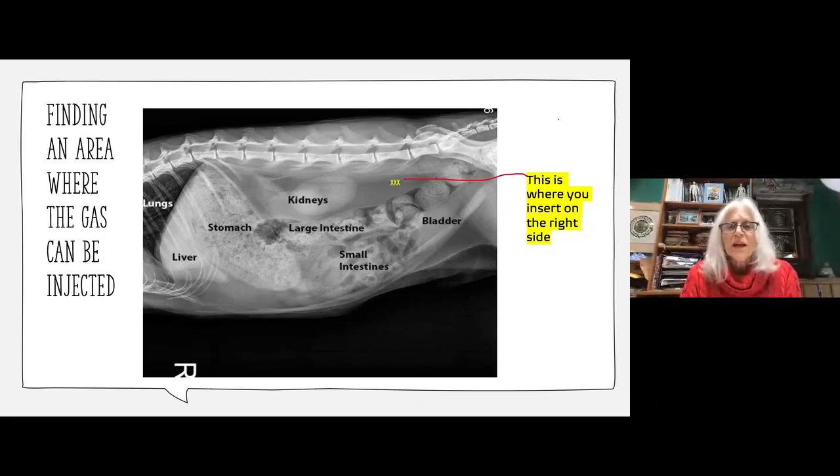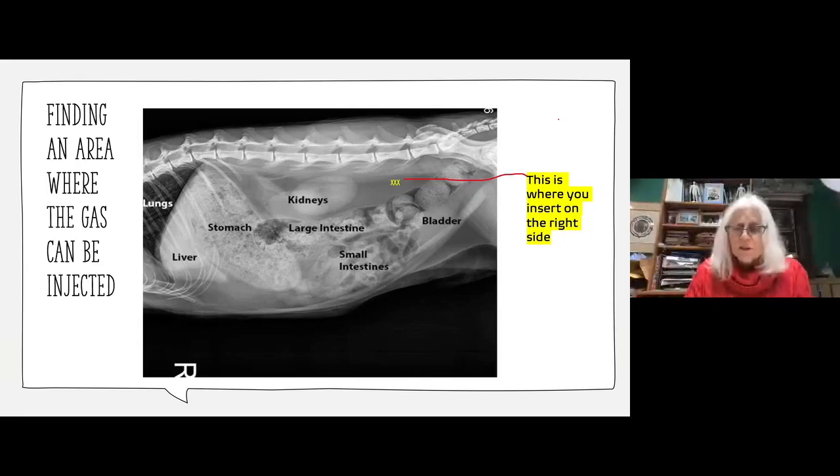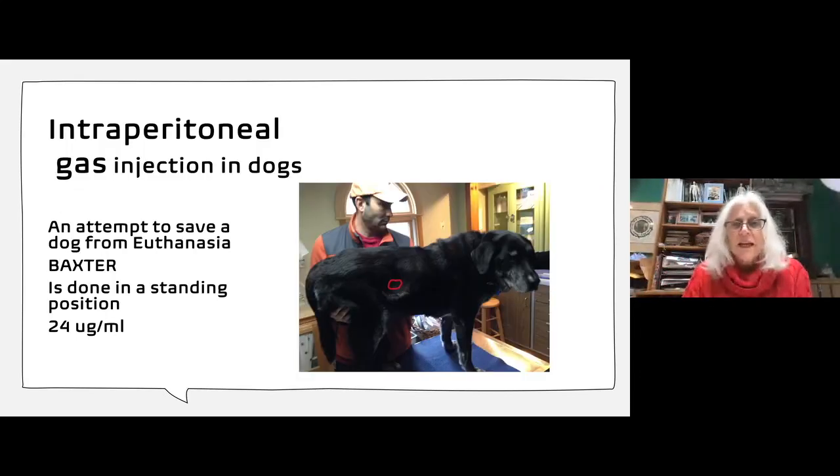If you take an x-ray, there's not a lot of material there in the body, so you go in right above the colon area. Ozone in the abdominal area can be used for infections, peritonitis, and cancer of the other organs. Again, we're using a very small catheter, a 20 gauge needle, on the right side.